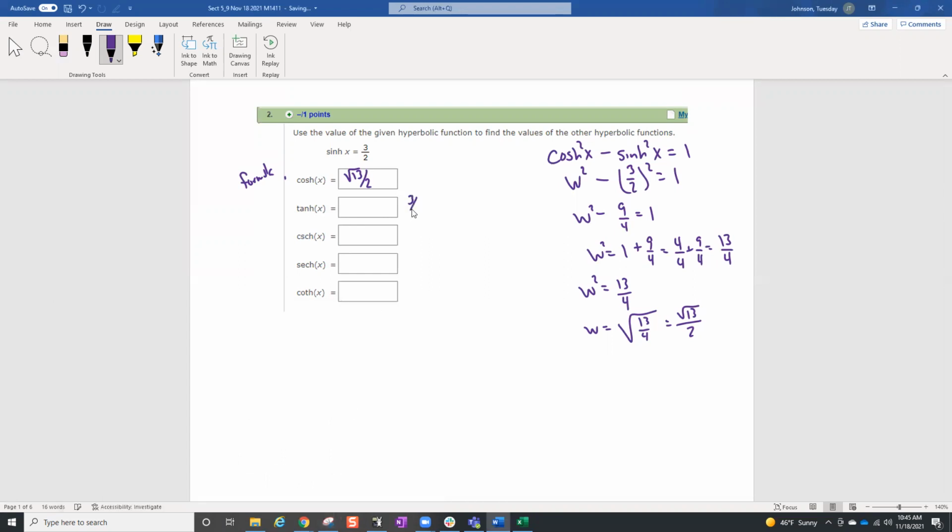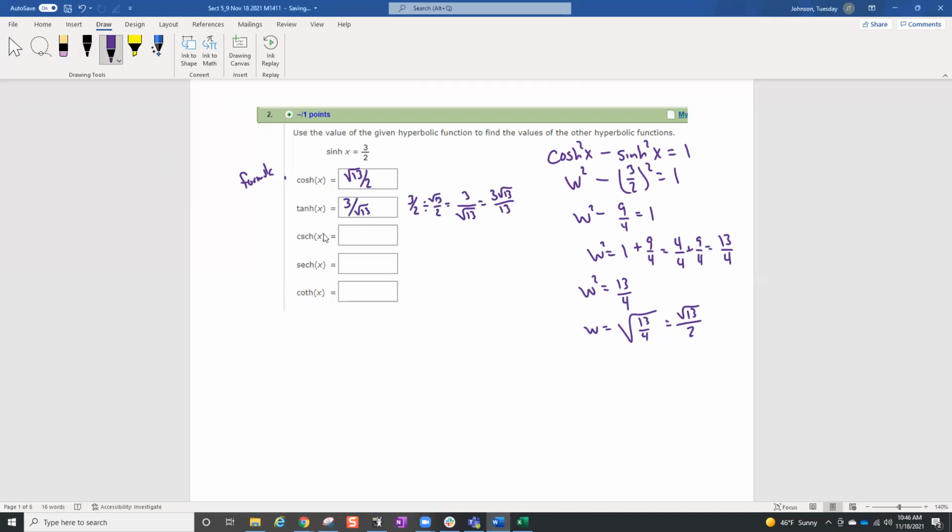So I'm going to do 3/2 divided by the square root of 13 over 2, which is 3 divided by the square root of 13, which is a fine answer. But if you wanted to rationalize, that would be your answer. I'm of course too lazy to type that many characters when this is fewer. Let me bring it over here.